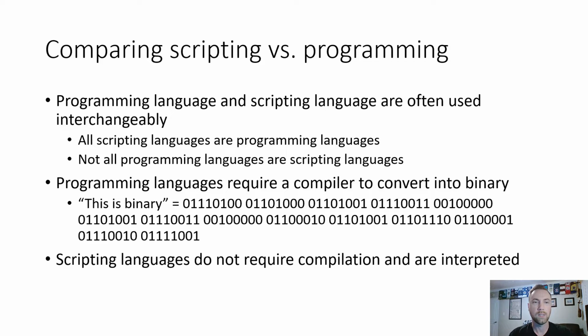The key difference is that programming languages require a compiler to convert into binary. Binary is essentially the language of machines, and it's a series of ones and zeros. So in binary, the phrase "this is binary" is 0 1 1 0 1 0 0, etc. With a programming language, essentially it has to be compiled from the object-based language into something that a machine can understand.